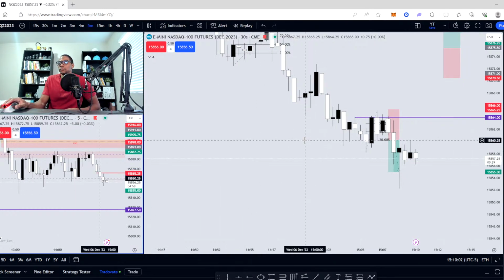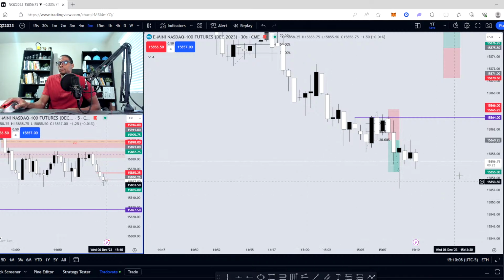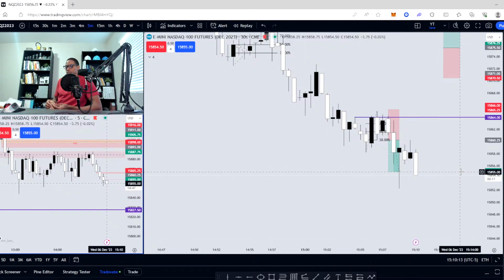Okay, that would have brought us into the trade if we still had it open, and we'd be almost at the end, near completion. That would have been a winning trade.